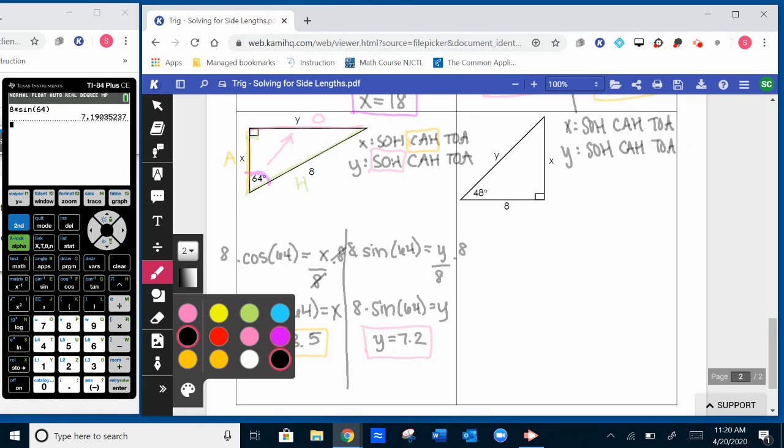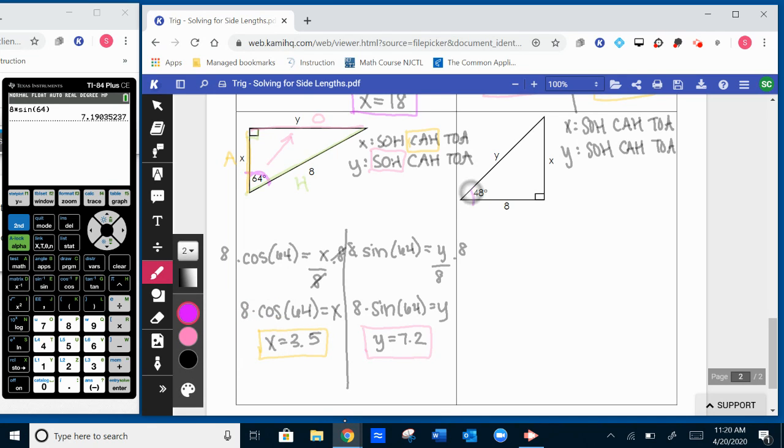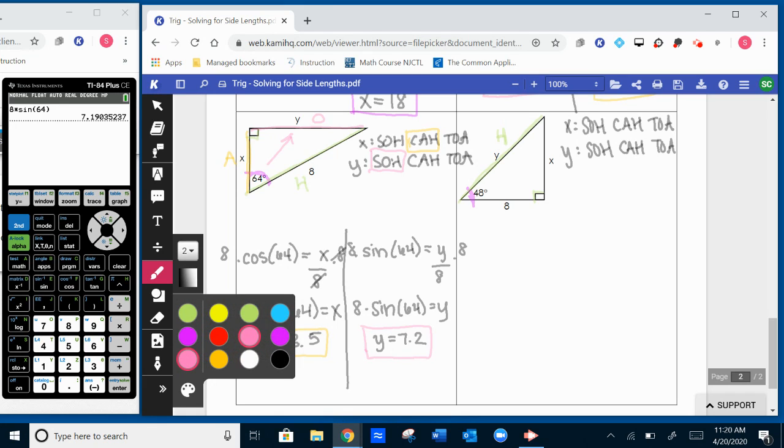We start with our reference angle, 48 degrees. I'm going to mark my hypotenuse, which in this problem we're solving for that. I'm going to mark my opposite, and I'm going to mark my adjacent.